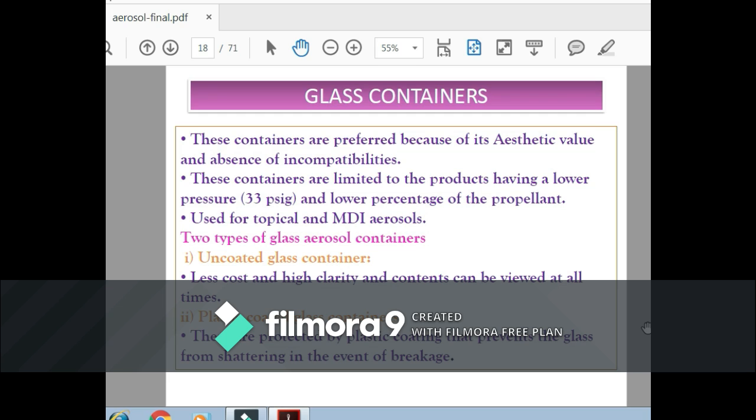Then glass containers. These glass containers are preferred when we want to give a different shape to your aerosol container. So it will give aesthetic value or attraction. So most aerosol containers which are prepared from glass have attractive shapes.